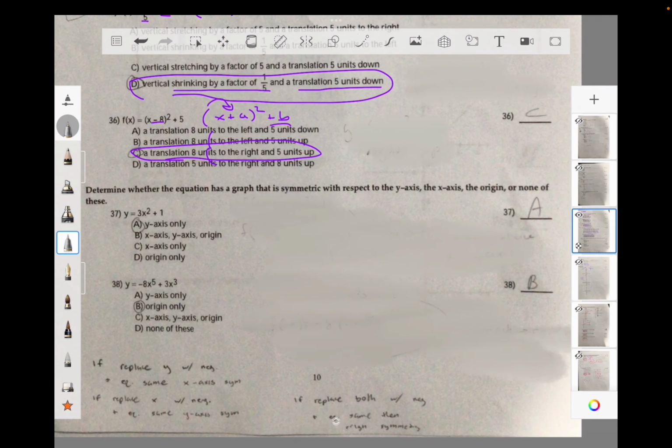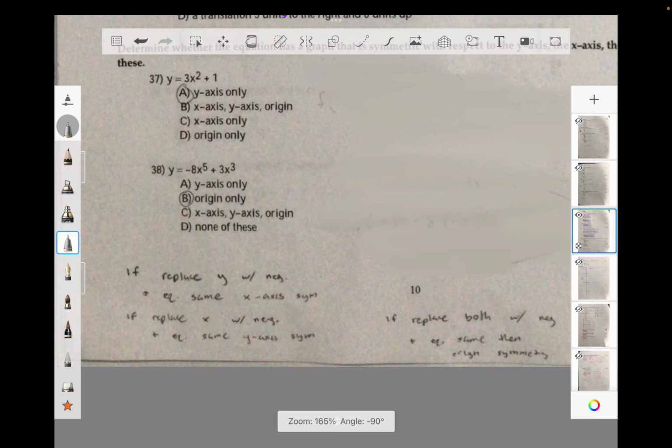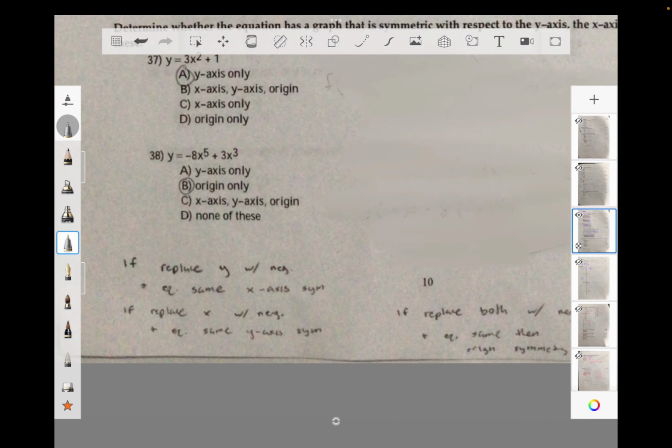Oh, this is another long one. To determine if a graph is symmetric with the y-axis, x-axis, or origin, you have to do 3 things separately. To see if it's x-axis symmetric, you replace the y with a negative, and if the equation stays the same as the original, it's x-axis symmetric.